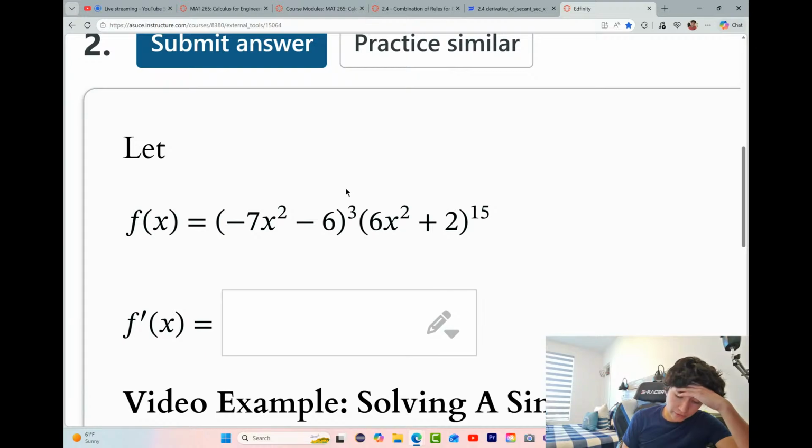And then we have 6x squared plus 2, all of that to the power of 15. So that's another chain rule function.